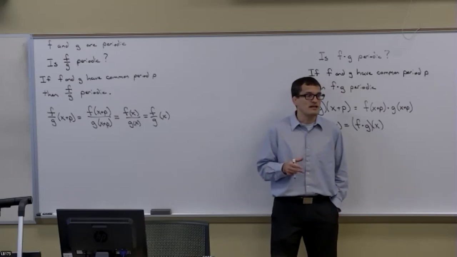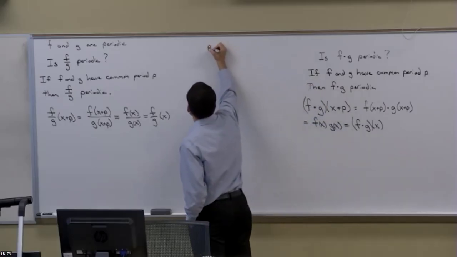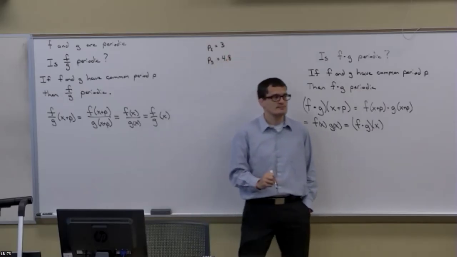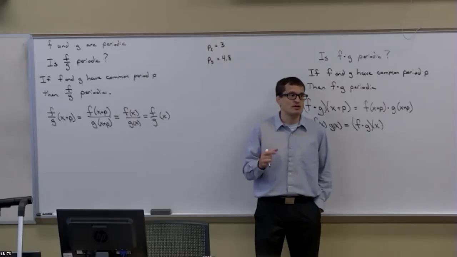But like in the case where one of them has a fundamental period of 3 and the other has a fundamental period of 4.8, the sum might have a different period than the fundamental periods of the first two individually.